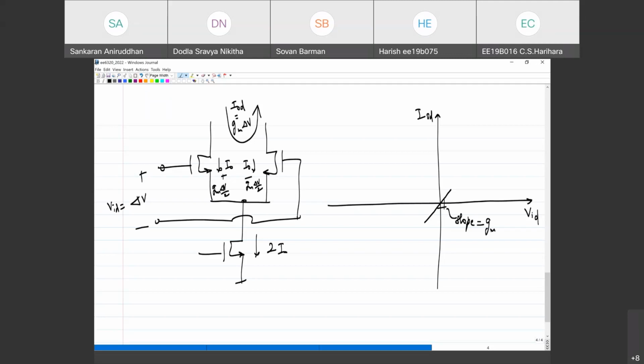But if I start increasing delta V, what will happen? One side will get larger and larger current, the other side will get smaller and smaller current, until if I apply a large enough delta V, what will happen?